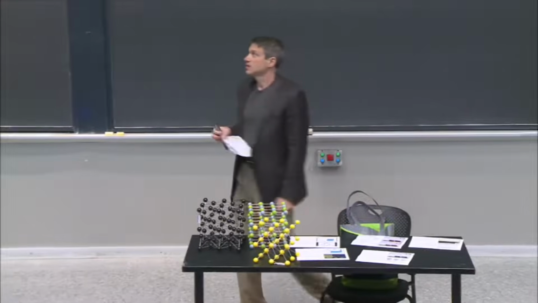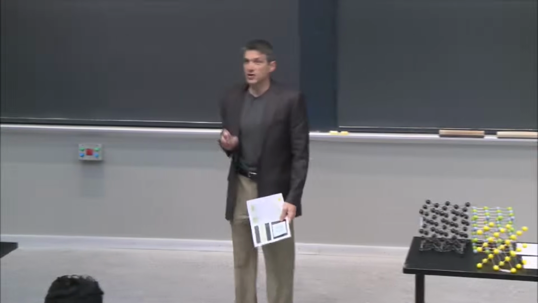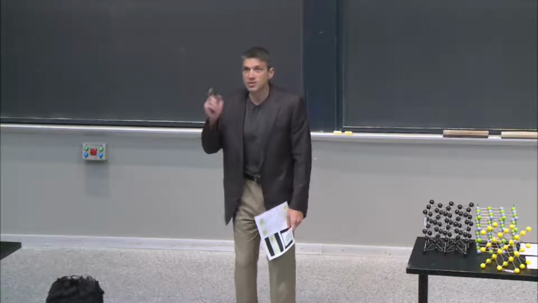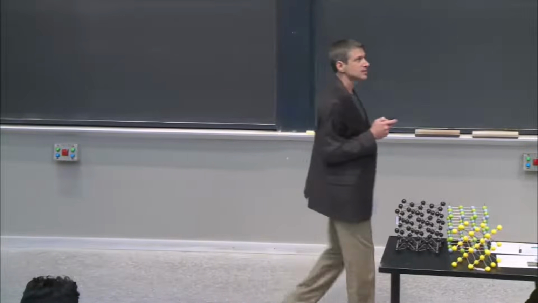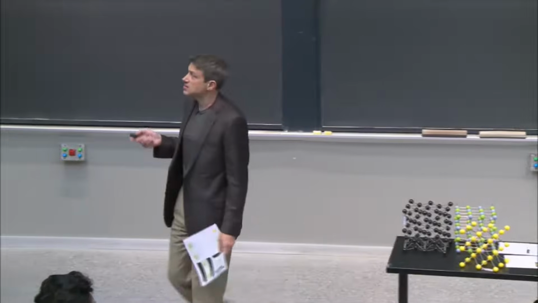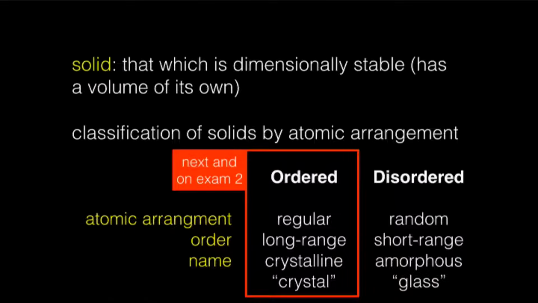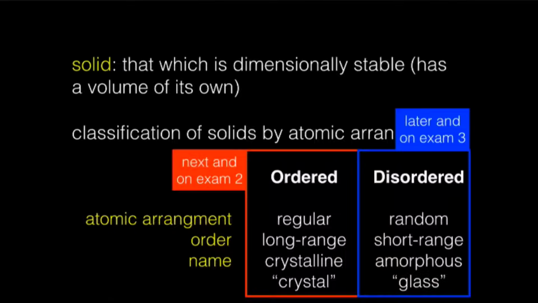Those are called amorphous solids, or also glass. As I mentioned, crystalline solids are the topic of this week, and this will be covered on exam 2. Amorphous solids are the topic after exam 2 next week. So we'll talk about both of these types of solids as we go.